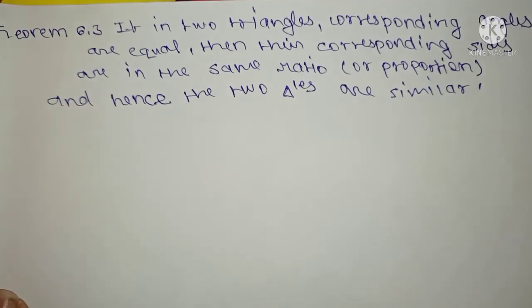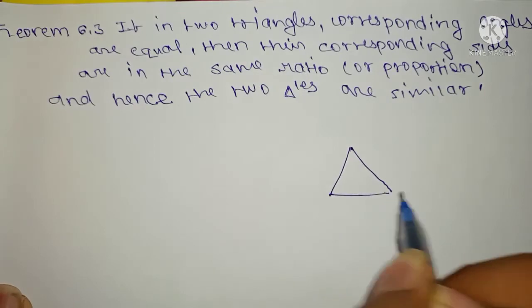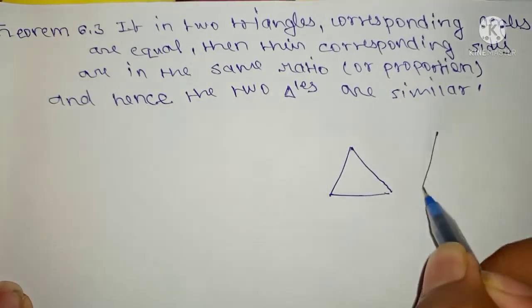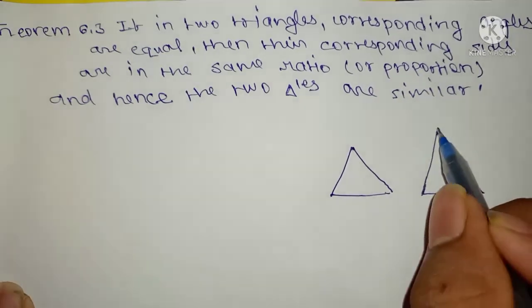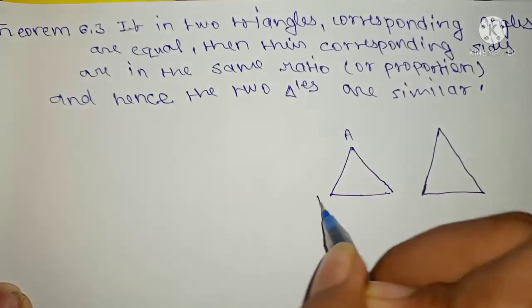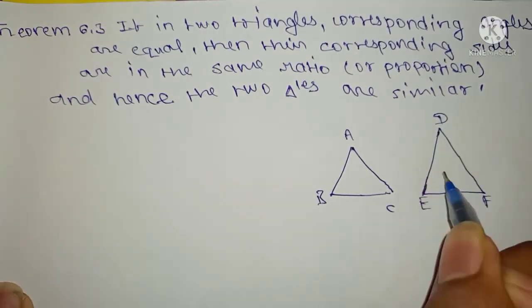The triangles given to us are like this, and one is bigger than the other. They are ABC and DEF.